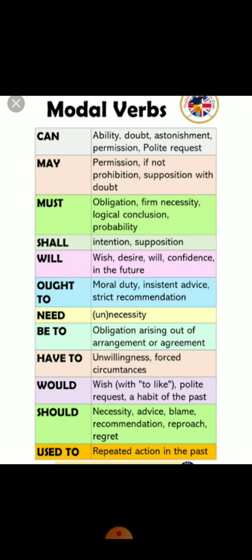The forms of primary auxiliary be and have are followed by the present participle and past participle respectively. Be means am, is, are. Have means have, has, and in past it is had.